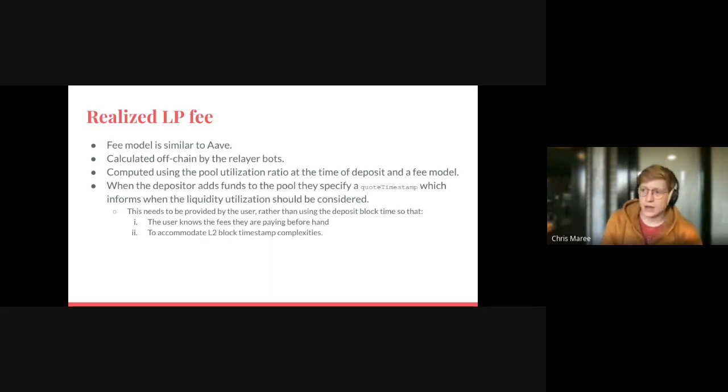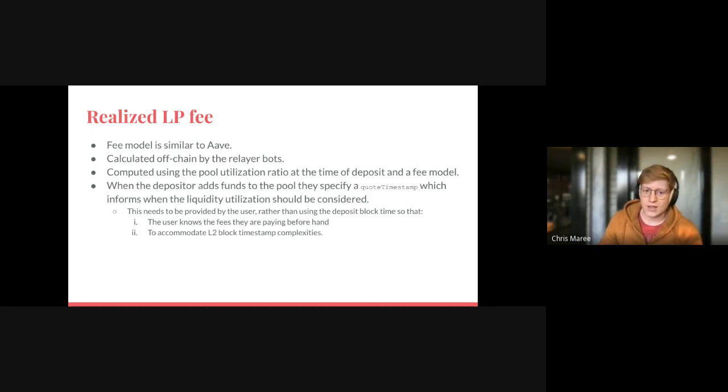There isn't a proper block.timestamp the way there is on L1. On Optimism, for example, the block.timestamp only updates when Optimism synchronizes with ETH L1. That means there's a 6-minute interval where the block.timestamp doesn't change. So we can't rely on that as a useful means of figuring out when the deposit happened on L2.